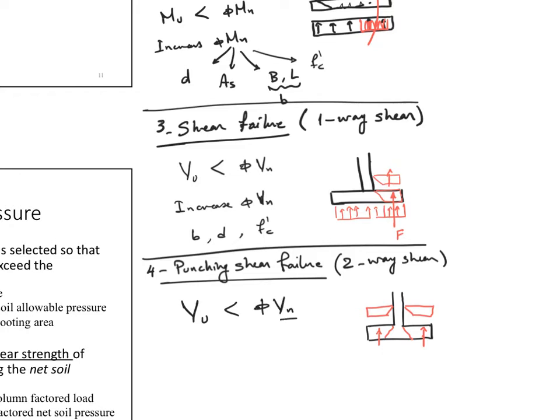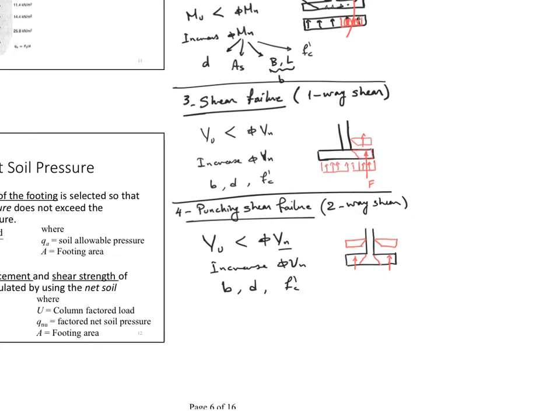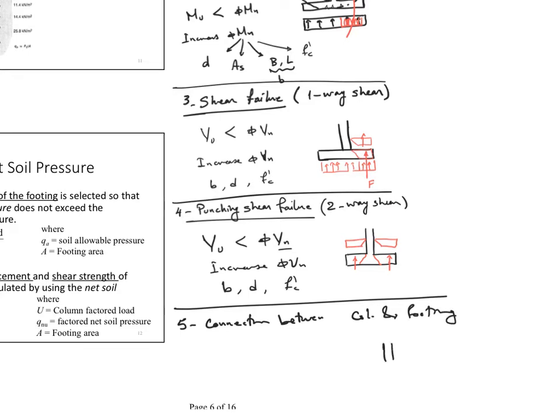And in this case, we can also increase phi Vn by increasing the b, and the d, and f'c. The last one, which is number 5, is the connection between column and footing. And that connection is due to the fact that one will have its dowel reinforcement.